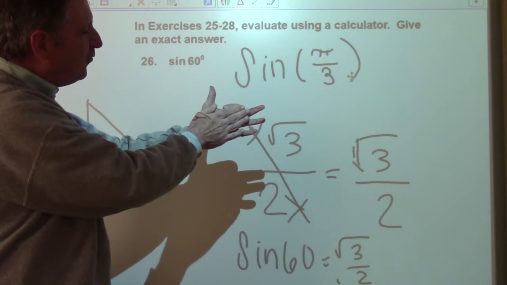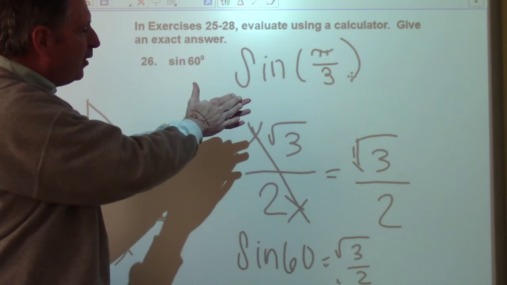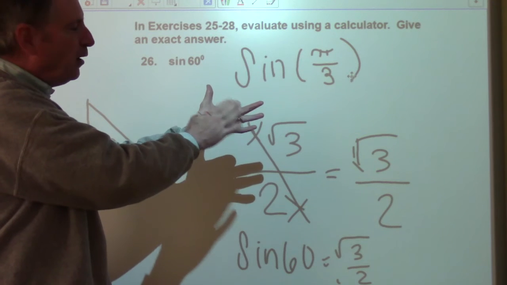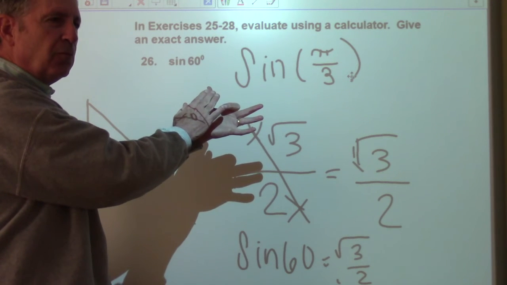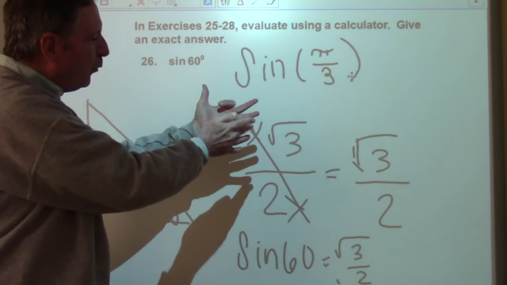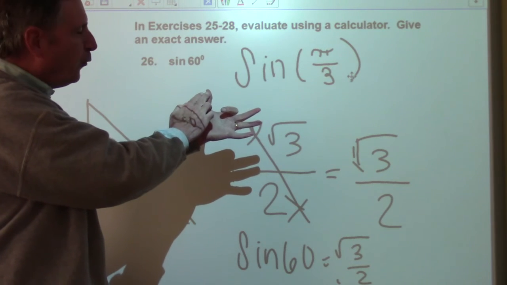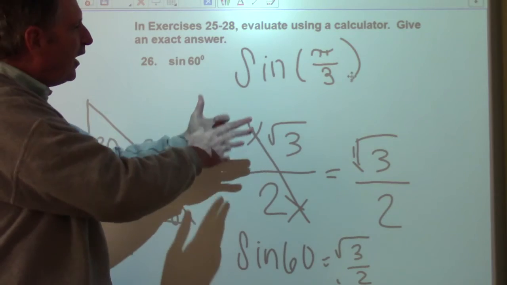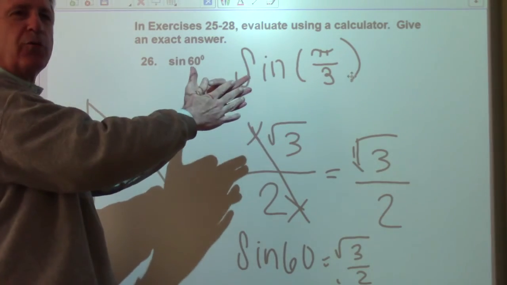How many fingers do we have below? 3. How many above? 1. So we got square root of 3 over square root of 1, which simplifies to square root of 3. So our tangent is square root of 3.